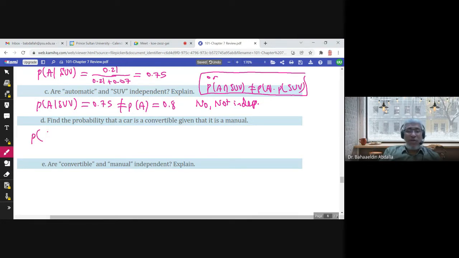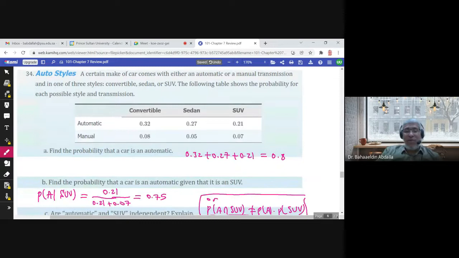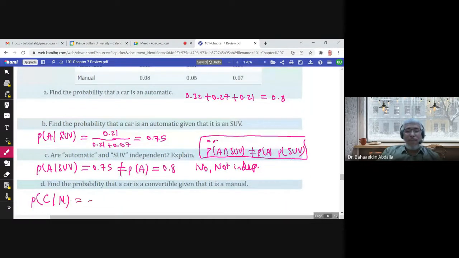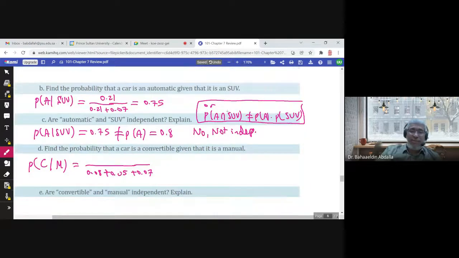Find the probability that a car is convertible given that it's a manual. So convertible, let me call it C. Manual, let me call it M. So manual is my sample space, so I will divide by all the manuals: 0.08, 0.05, 0.07. And I need convertible, 0.08.